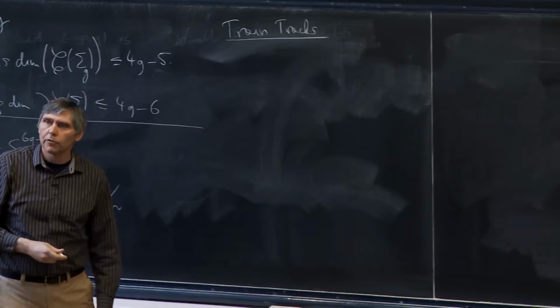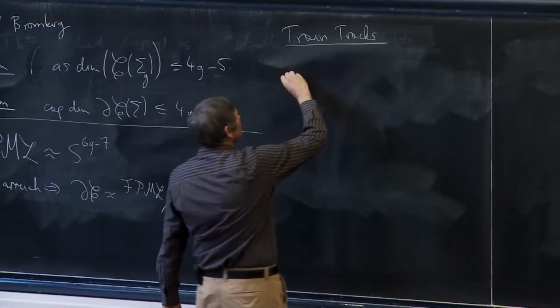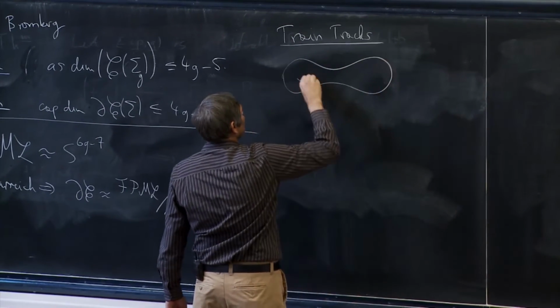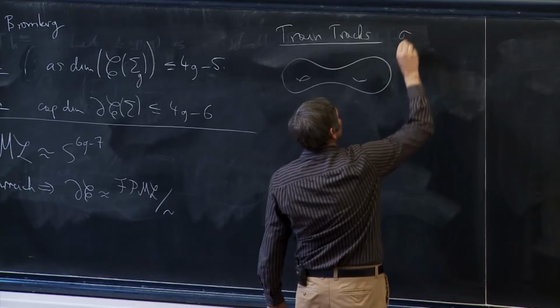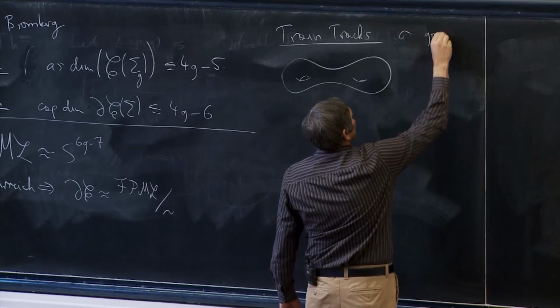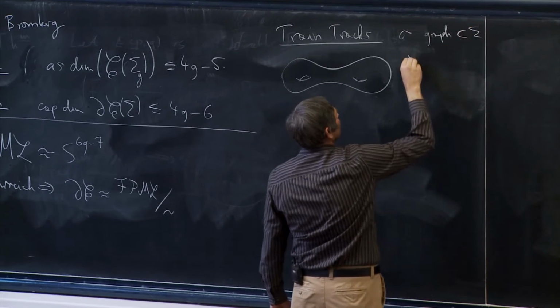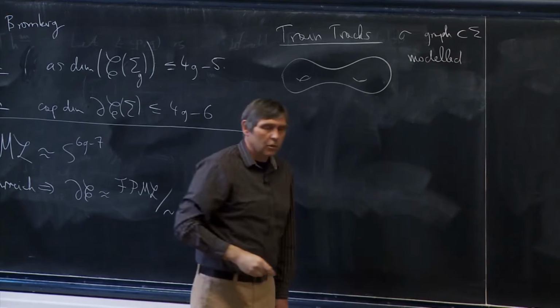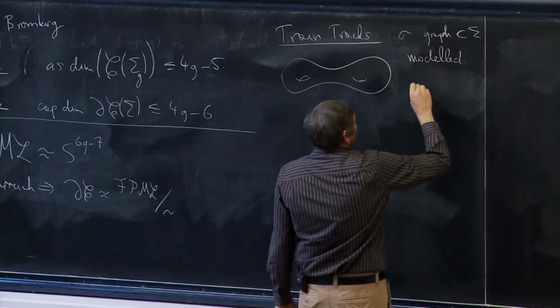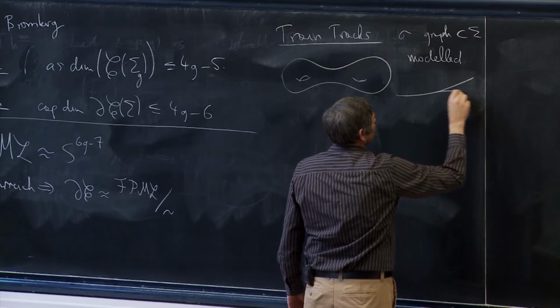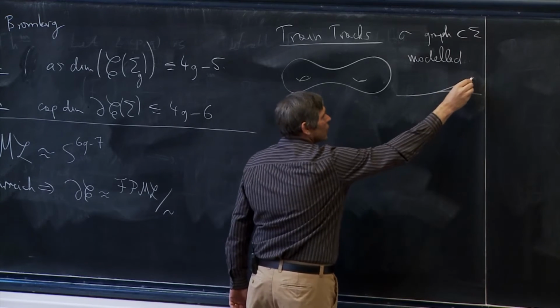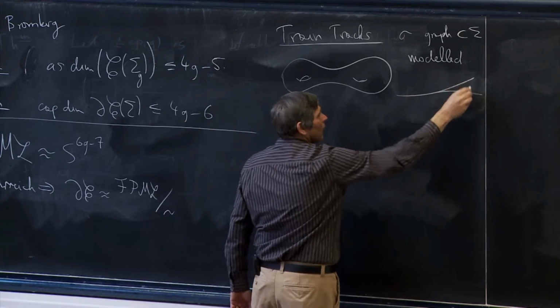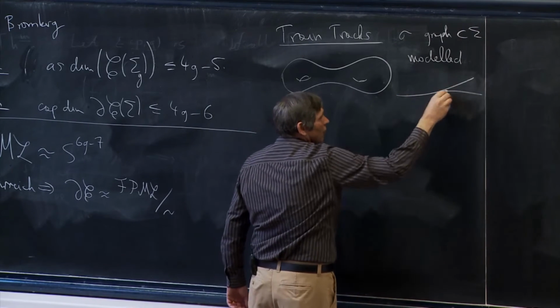Well, it's a graph embedded in a hyperbolic surface, say Sigma. So it's a graph inside Sigma, and all our graphs are going to be trivalent, and it's modeled on this. So this is meant to represent a smooth path. So this is a smooth path, and this is a smooth path, and of course this is not a smooth path.